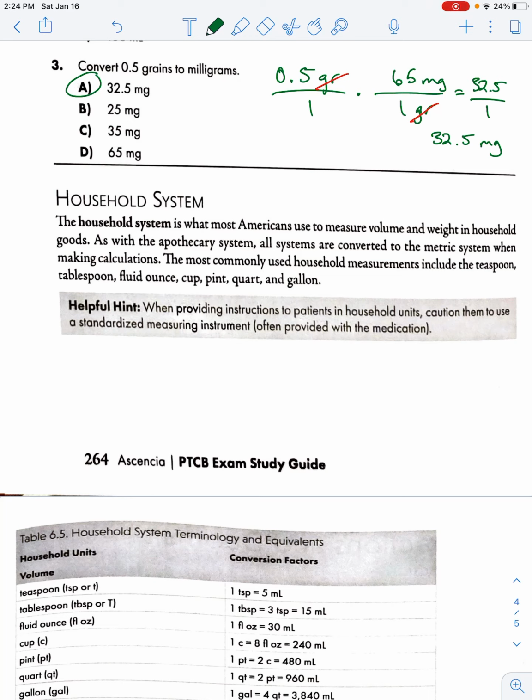Meaning that if you tell your patient you need to take a teaspoon of this daily, let's say, that you're also telling them make sure you're actually using a measured teaspoon, something that says 1 teaspoon on the spoon, and not just, oh, this little spoon looks like it's about a teaspoon, that they need to use 1 measured teaspoon.